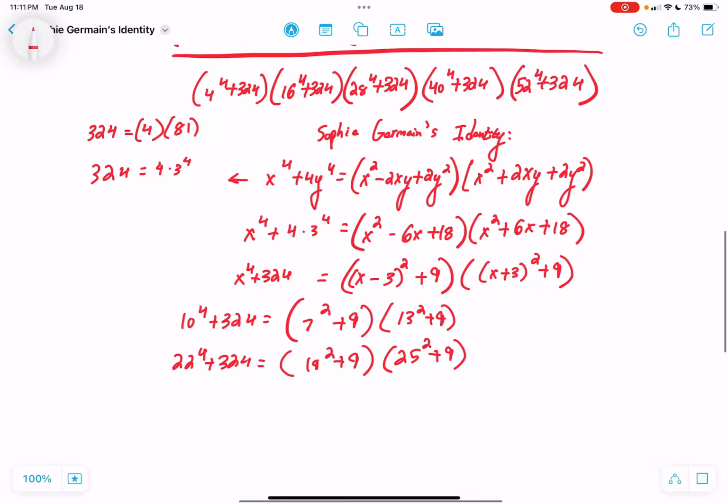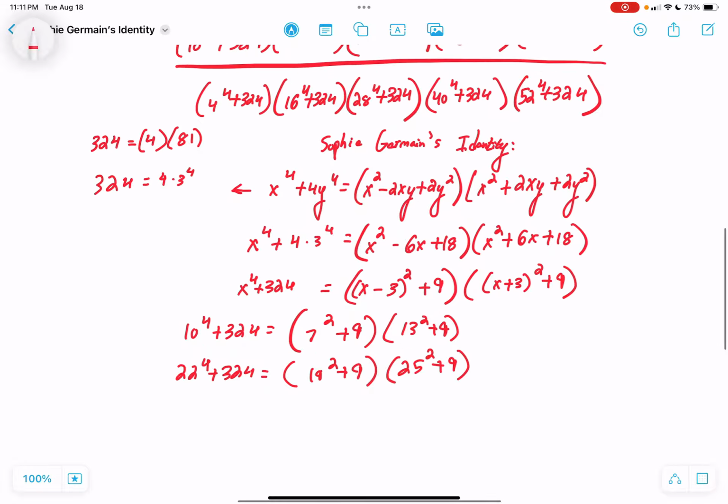And you can see this sort of forming together, right? So now if I do 34 to the 4th plus 324, it's going to be equal to 31 squared plus 9 times 37 squared plus 9.